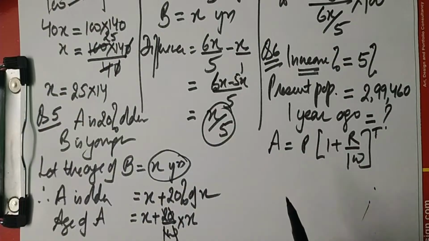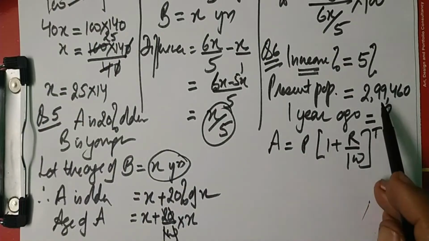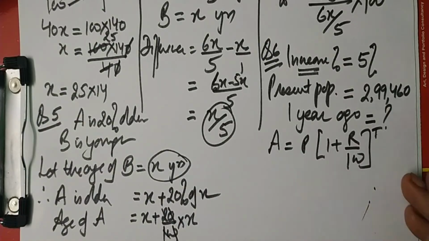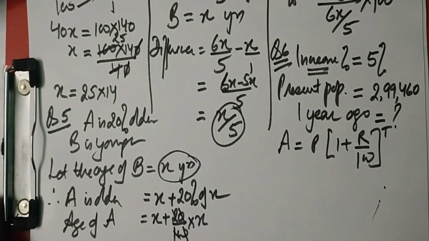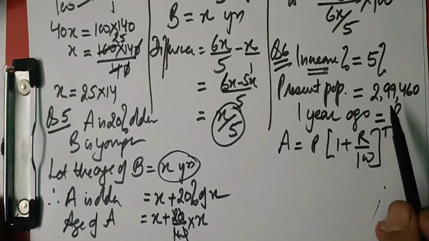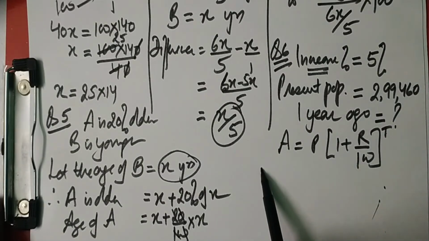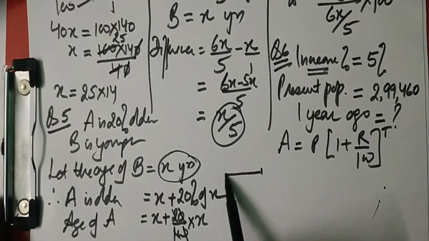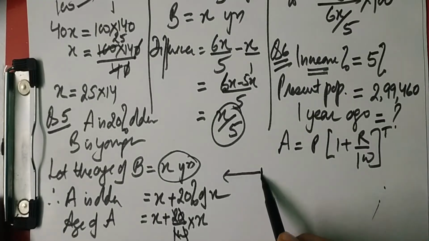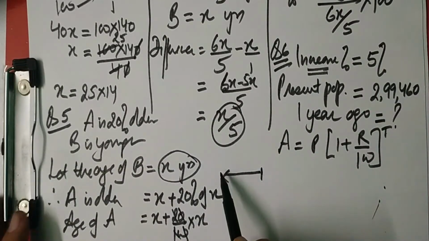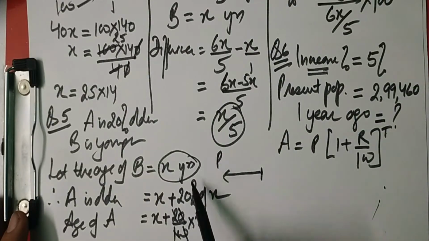So suppose today the population is this, after 1 year the population will be more. So the population which is 1 year later will be called the amount. If today it is 2 lakh, then 1 year ago it will be called the principal, because the principal came first.